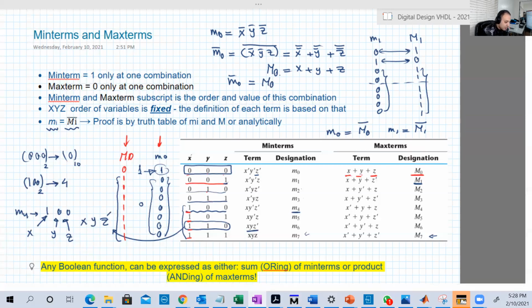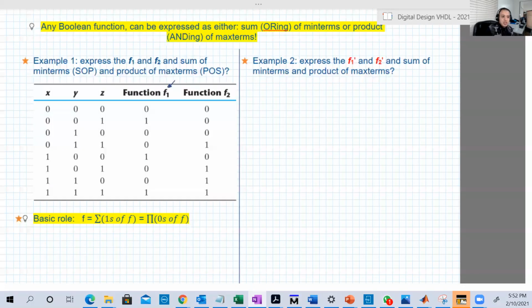Okay. So that's basically the definition of the max and the min term. So it's time now to know what is the importance of these max terms and min terms. What is the importance of these new definitions that we studied now?